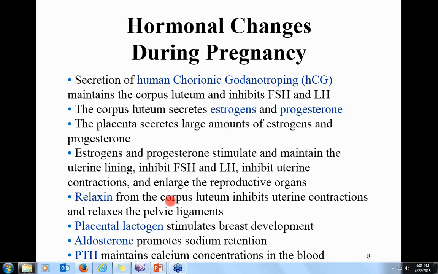It too is going to inhibit uterine contractions and relax pelvic ligaments. Placental lactogen stimulates breast development in the mother. Aldosterone promotes sodium retention because you're going to need more water because more fluids. And parathyroid hormone is also going to maintain calcium concentrations in the blood.